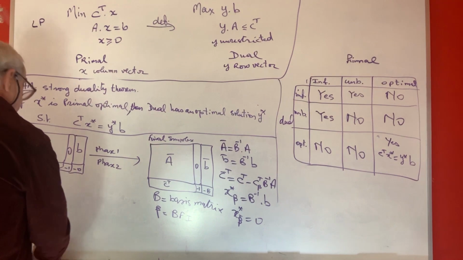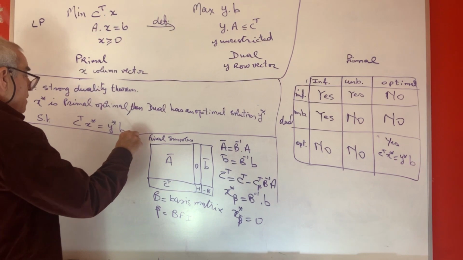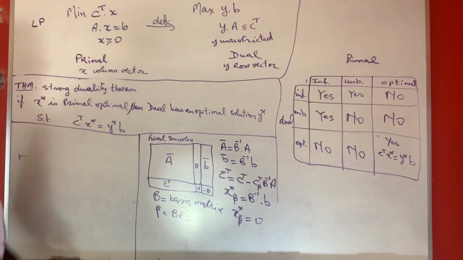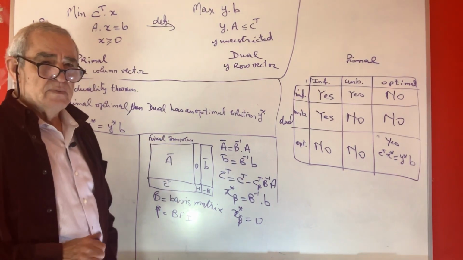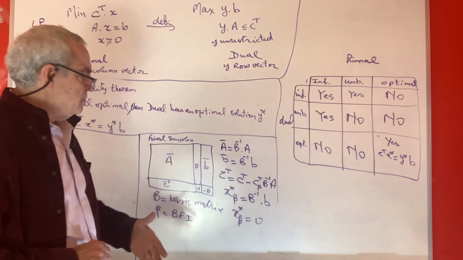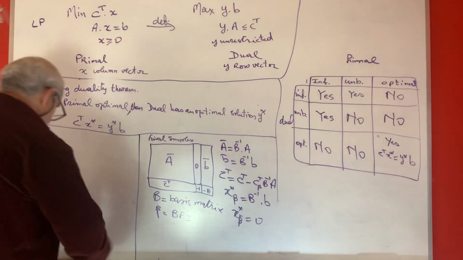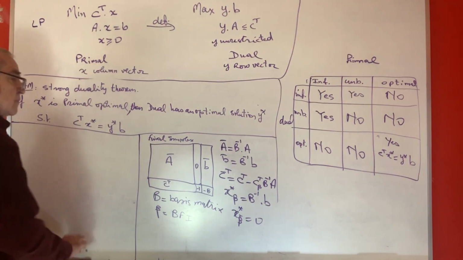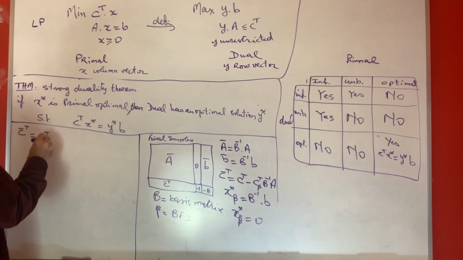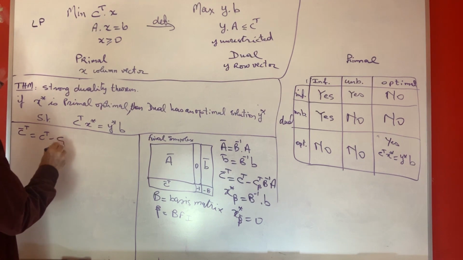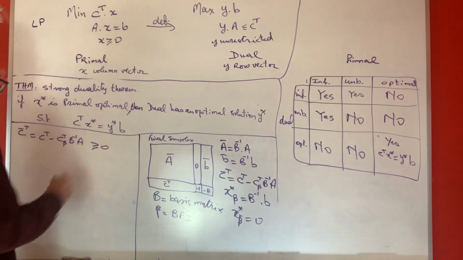Now, this is the final simplex tableau, right? The simplex algorithm stopped here. What does it mean? That means C bar is greater or equal to 0. So C bar transpose equal to C transpose minus C beta transpose B inverse A. This is greater or equal to 0.